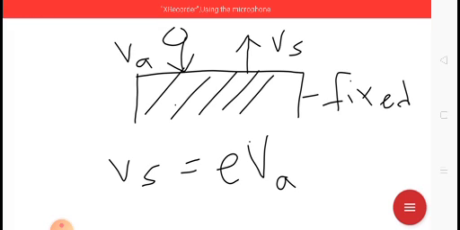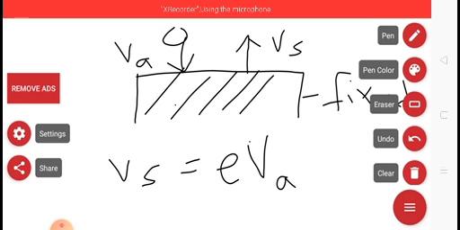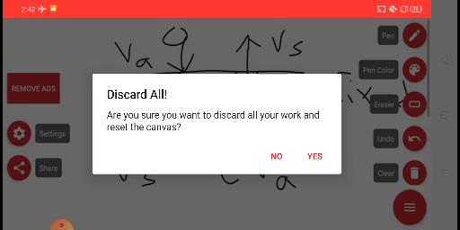Okay. So let's say now that was a fixed body, and another one is a moving body. Now, consider both are moving bodies.